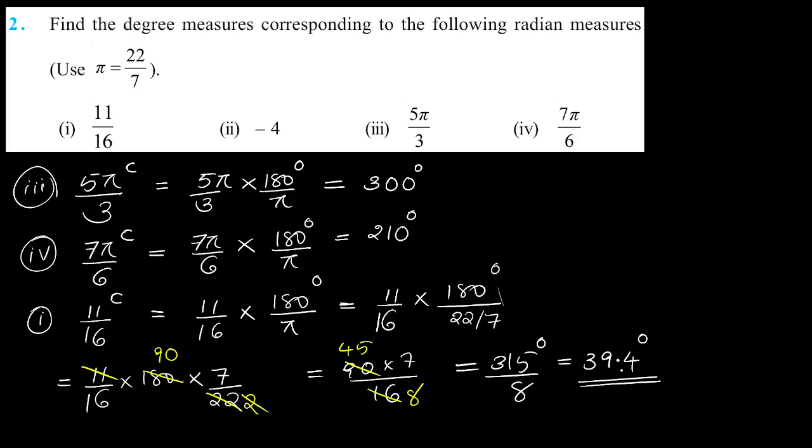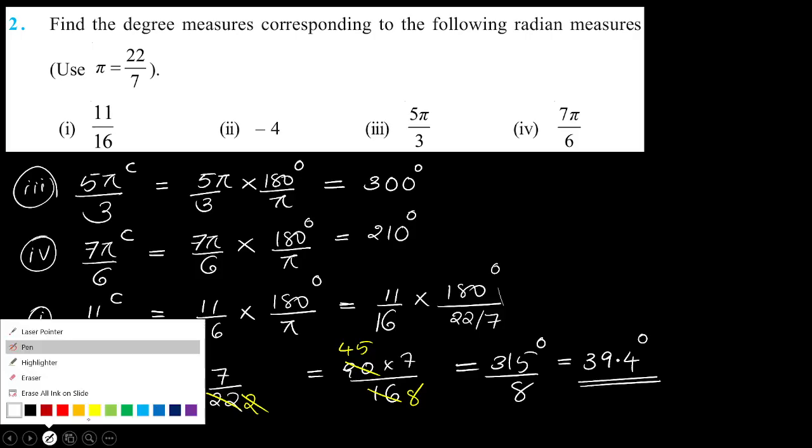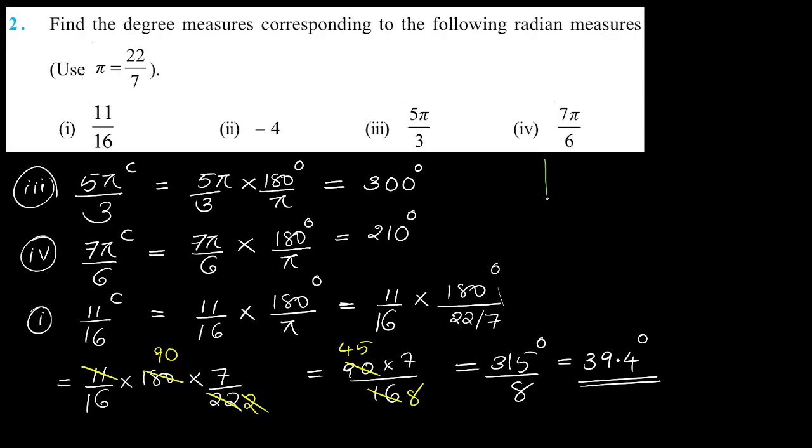We can convert this into degree and minute form. 39.4 degree I got. Approximate value only I need. 39.4 degree means 39 degree plus 0.4 degree.